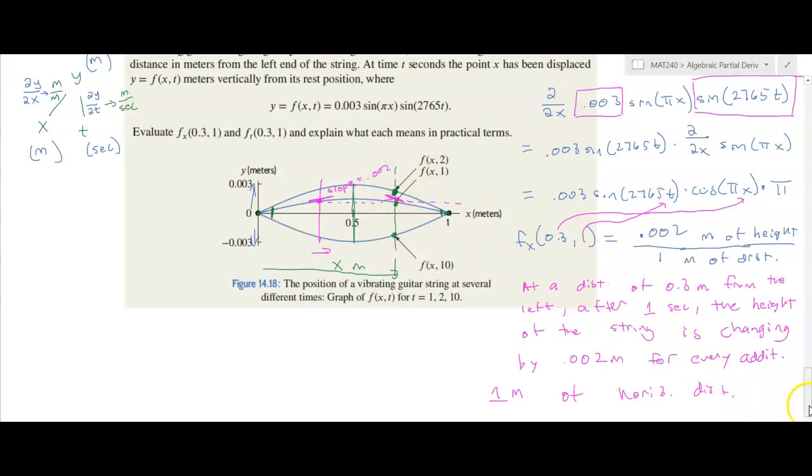Now we can repeat this process for the second derivative as well. And if we did that, let's see if we can write this out without going through the process. The derivative with respect to t of f of x comma t is going to be 0.003 times the cosine of pi, oh no, excuse me, that'll still be sine.